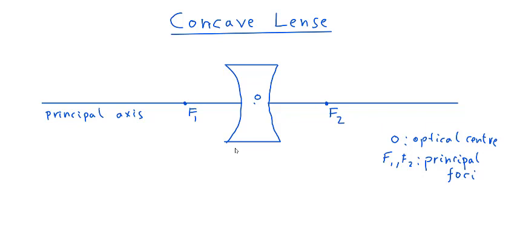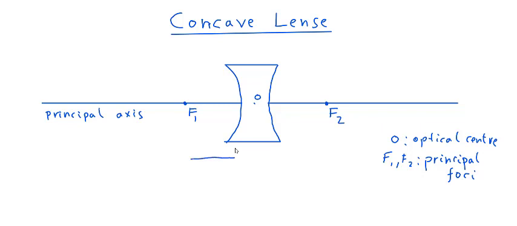And finally, just as for the convex lens, the distance between the foci F1 or F2 to the optical center, that's what's known as the focal length.